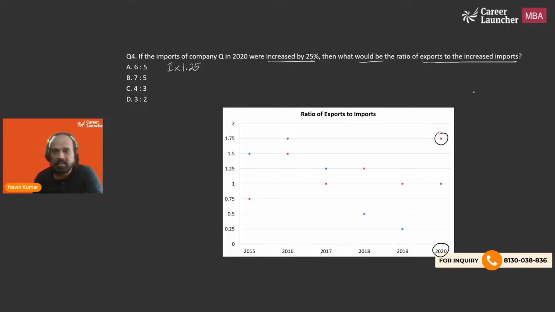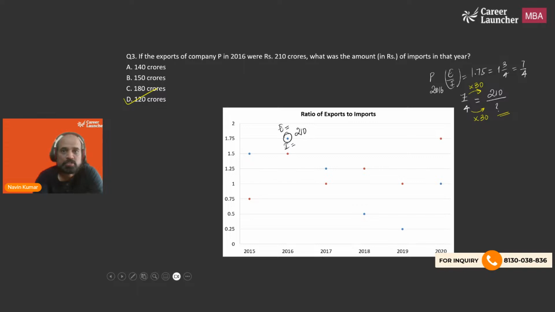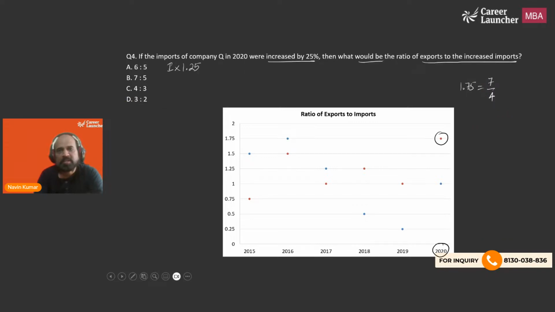So let's pick that. So 1.75 is what the ratio right now is, which is going to be 7 by 4. We just saw in the previous question, right? Previous question was, okay, P, but it was the same value. So 7 by 4. And it is given that there is no change in export. It's not mentioned.